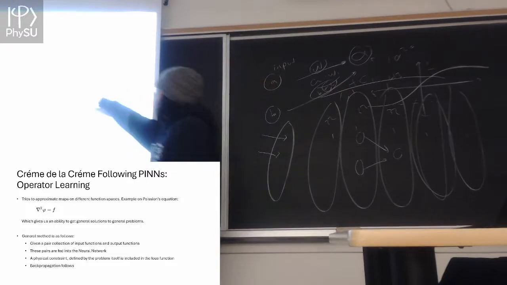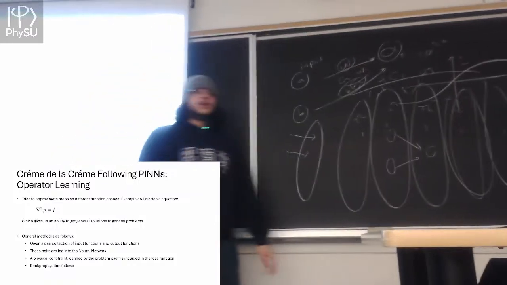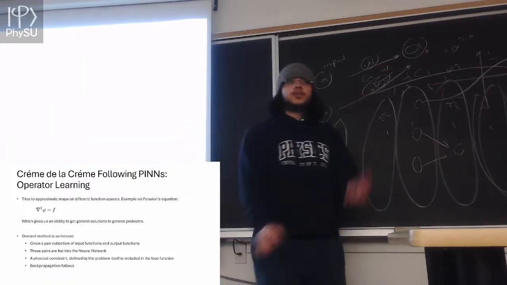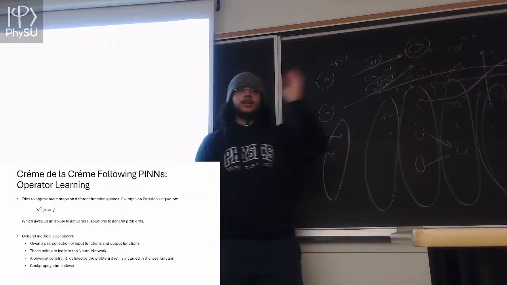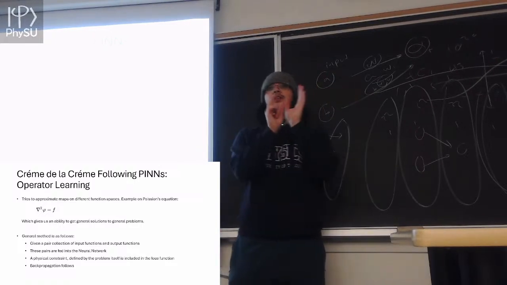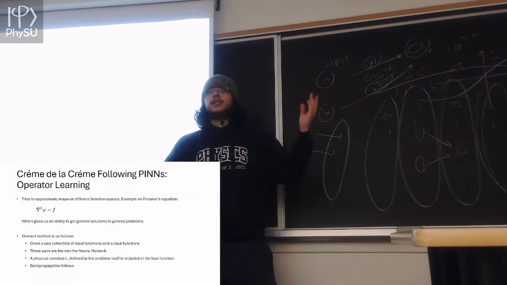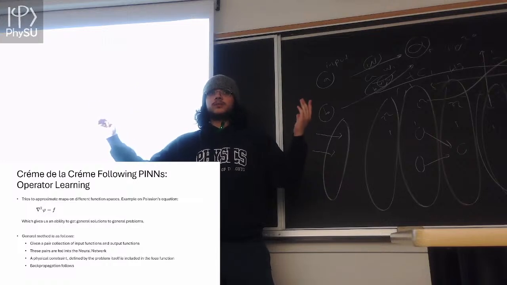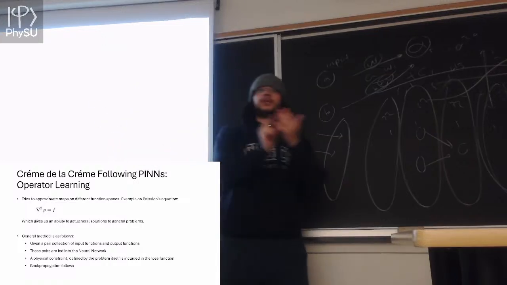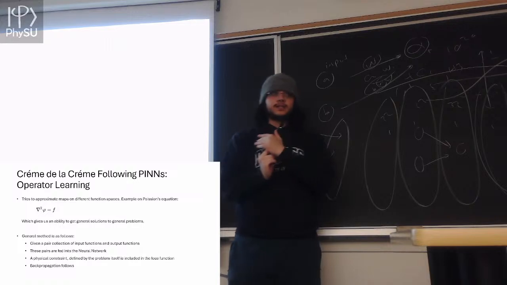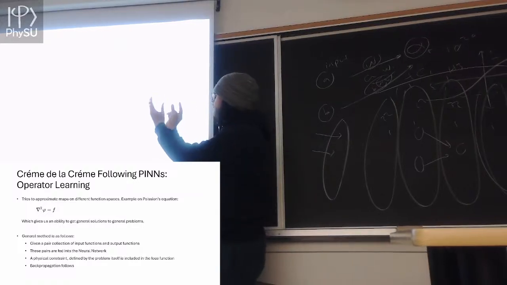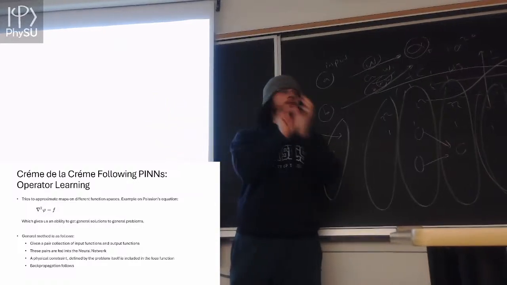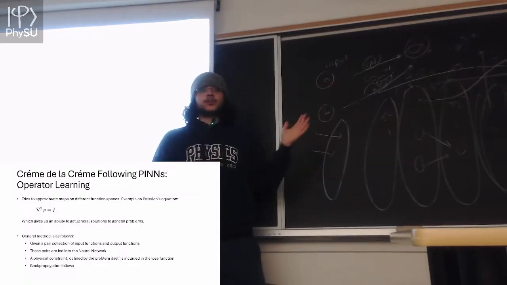For example, think of the Poisson equation, right? For the Poisson equation, you give it some initial data, initial differential equation, and then you give it some training differential equation, which you would be retrieving by using PINNs. Using this combination of solutions, you can train an entire neural network on this.